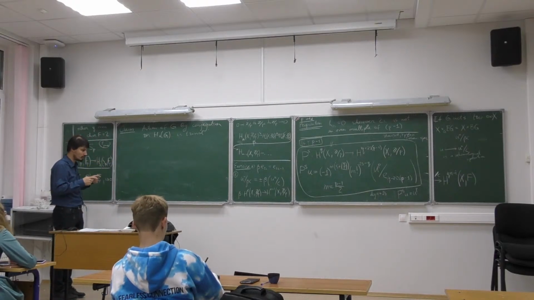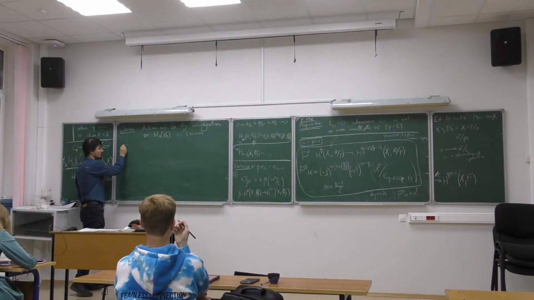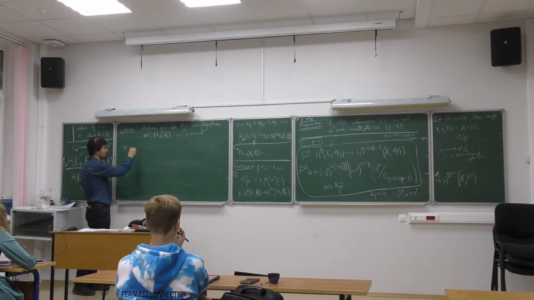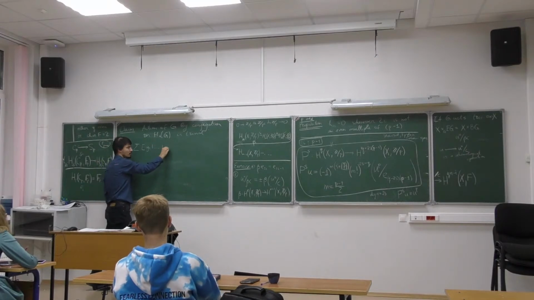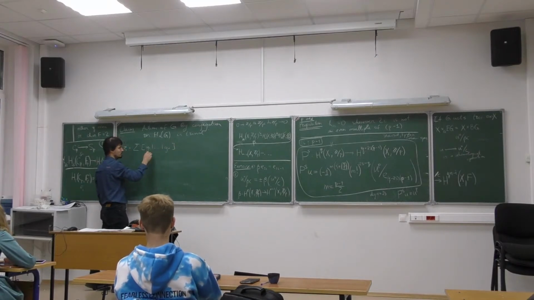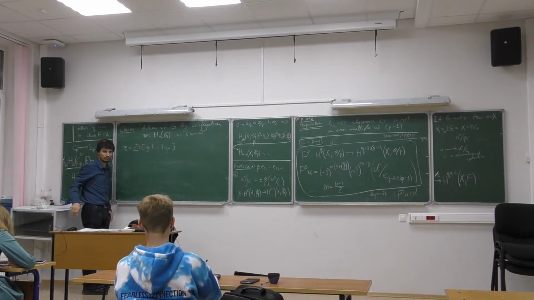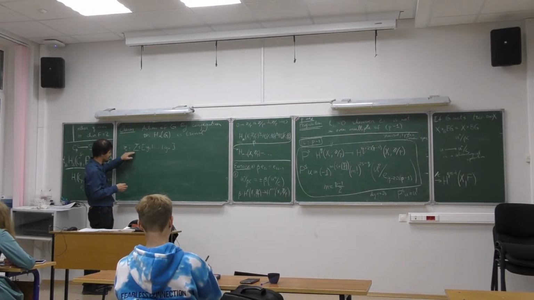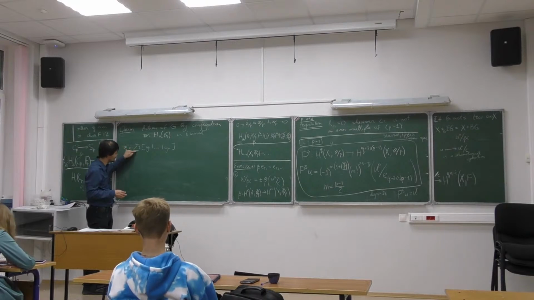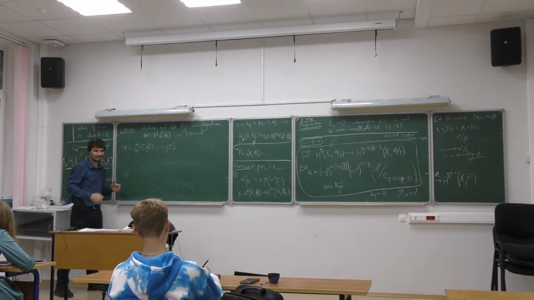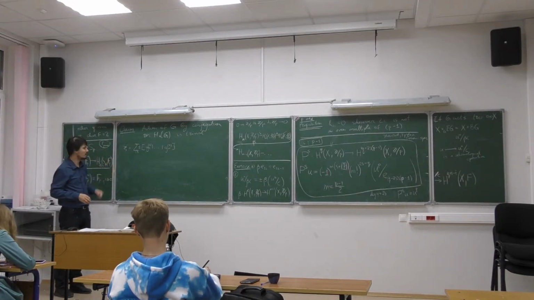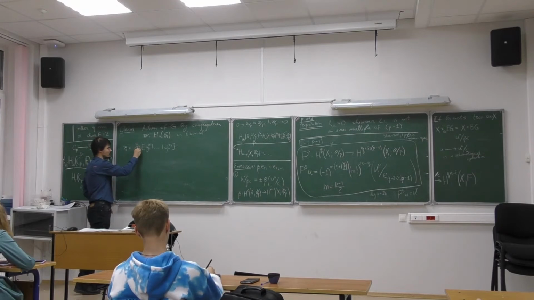In the bar resolution, any homology class can be written by a cycle of the form of some sum of such elements with certain signs or coefficients. The sum is over some index lambda, and here we have some coefficients dependent on lambda.